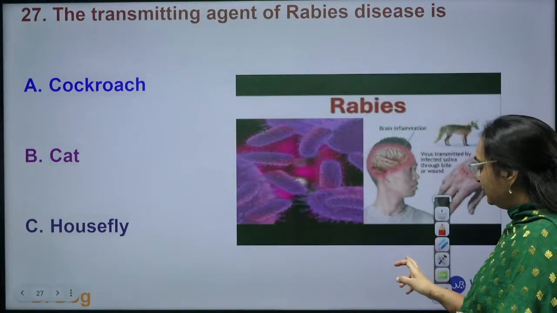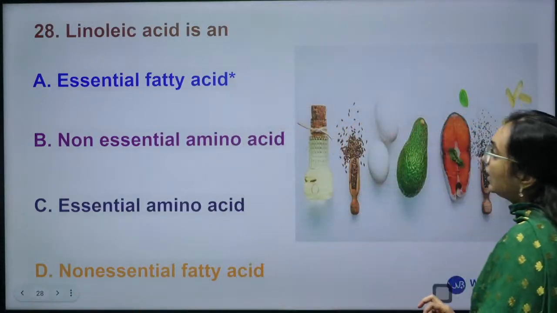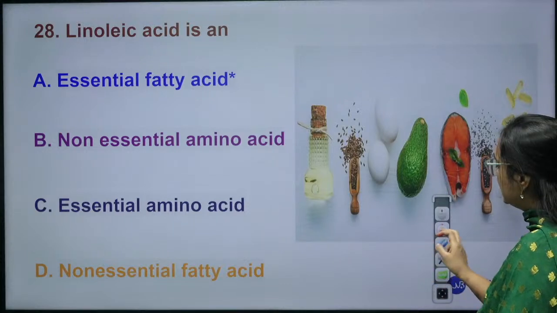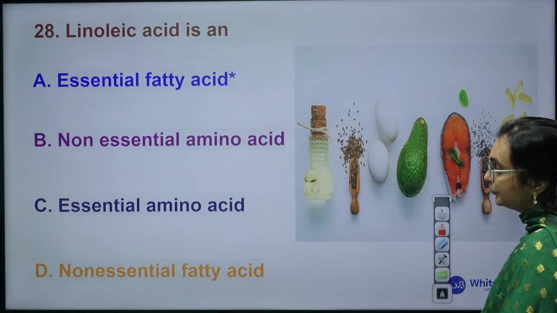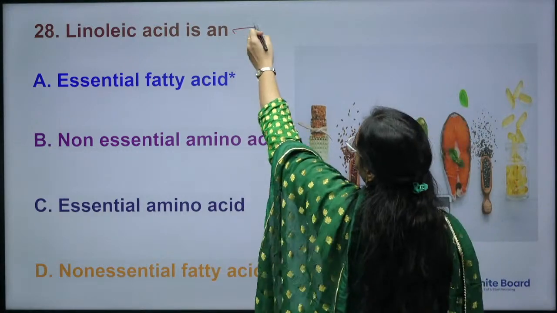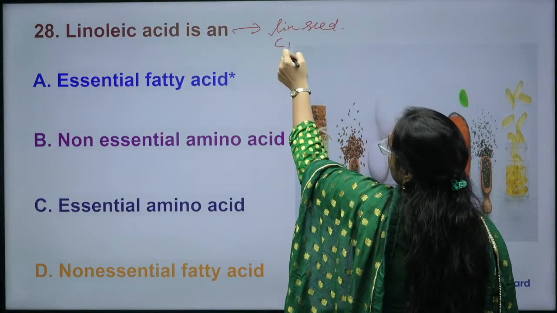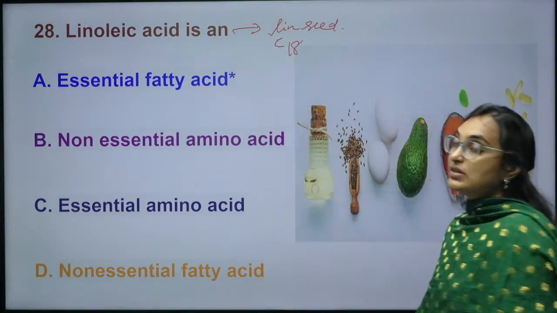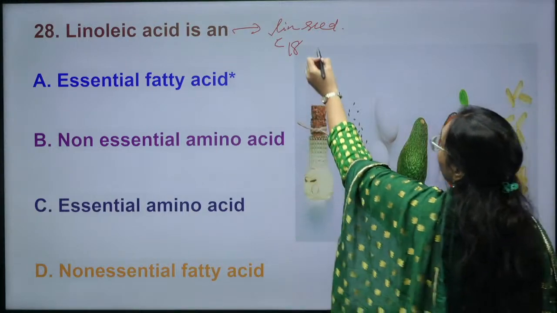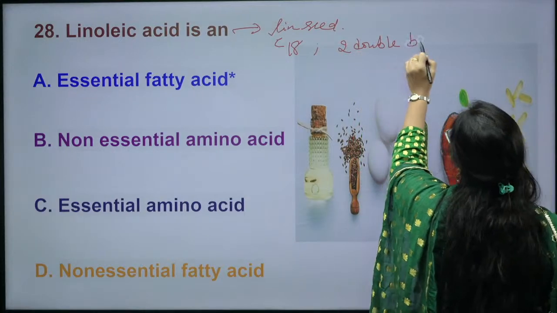Next question. Linoleic acid is an example of an essential fatty acid. Linoleic acid is obtained from linseed and it has C18, that means 18 carbons in its structure, and it has 2 double bonds.